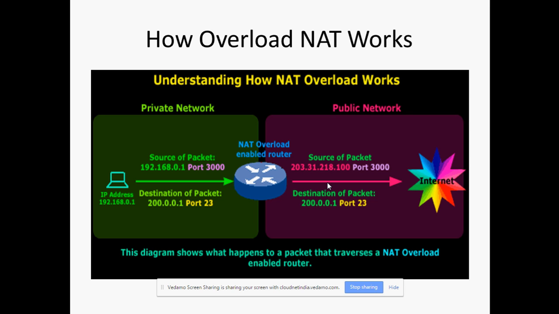If you share with 200 or 300, then your network connection will be too slow. So there is no limitation from IP addresses; the limitation of bandwidth is the problem. So overload NAT is the more popular version, which is typically used in today's local area networks to access the public internet.